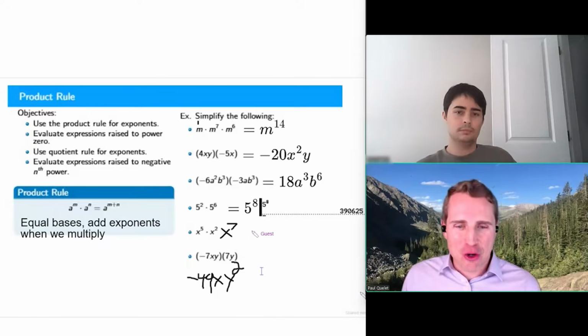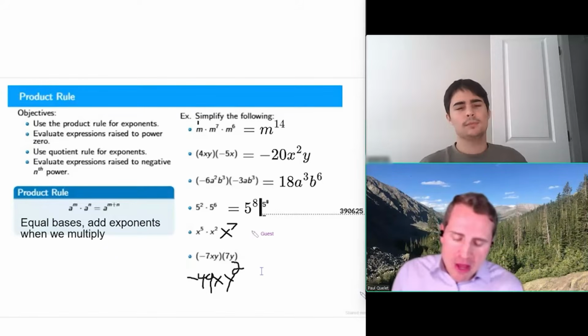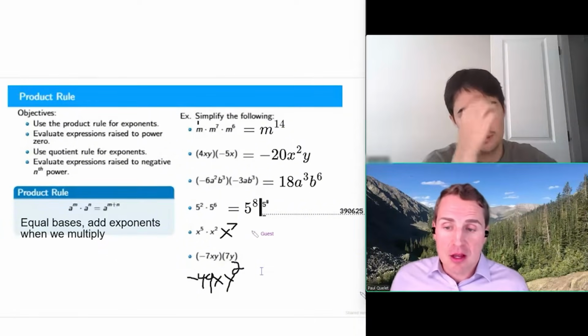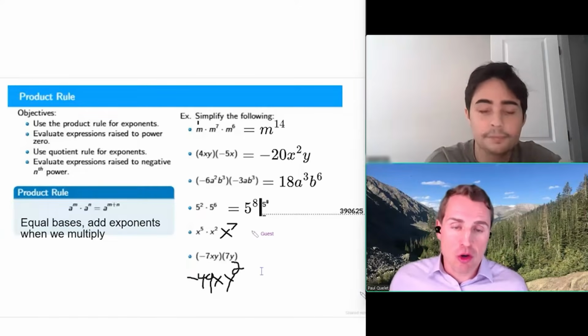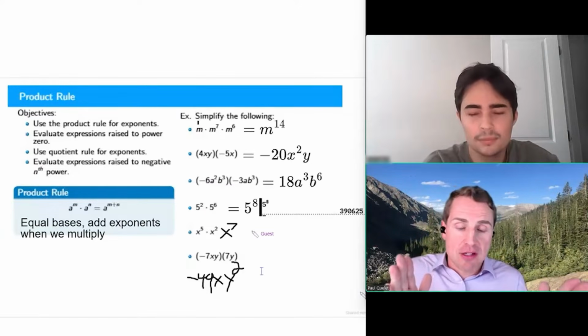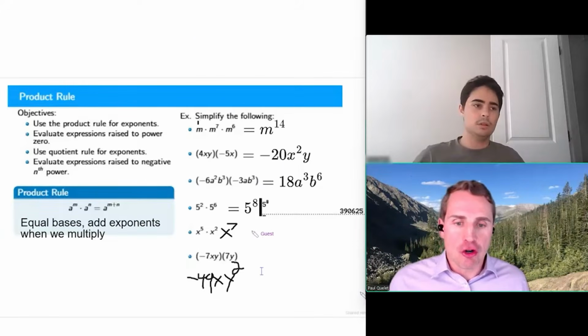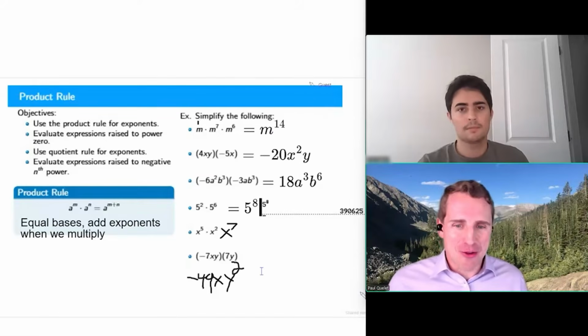You'd put that first because the power on the x is larger than in this term. Whenever we have multiple terms of the same variable, same base, we have the powers going down in descending order from largest to smallest. But when we have multiple bases, we always go alphabetical, x and then y.